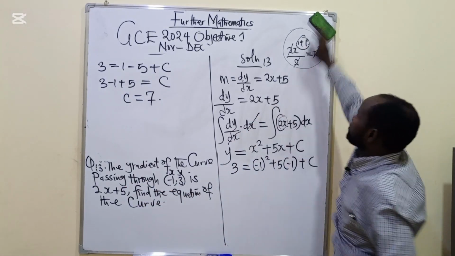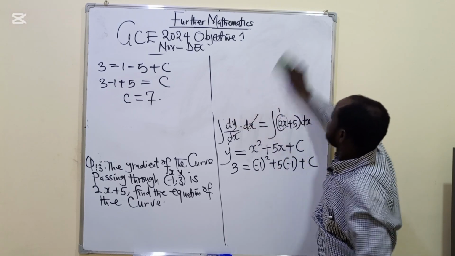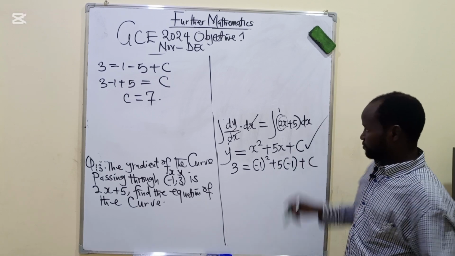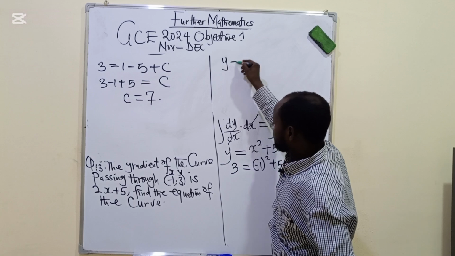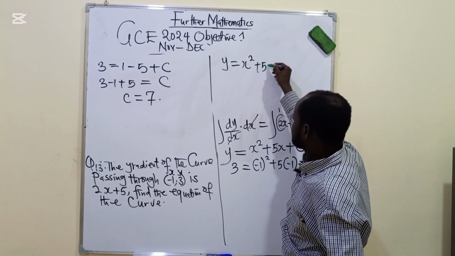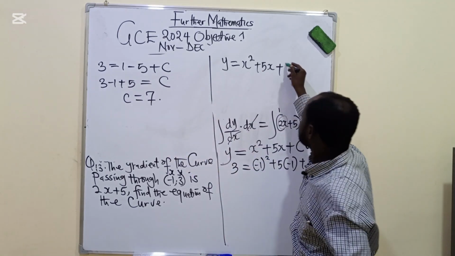What will be the equation of that curve? Finally, the equation of the curve now is nothing but when we substitute the value of the constant of integration into this. Very easy. It will be y now equals x squared plus 5x plus the constant of integration, which is 7.